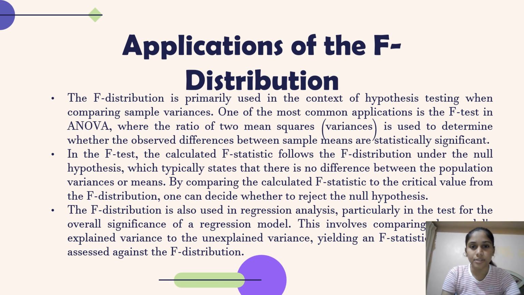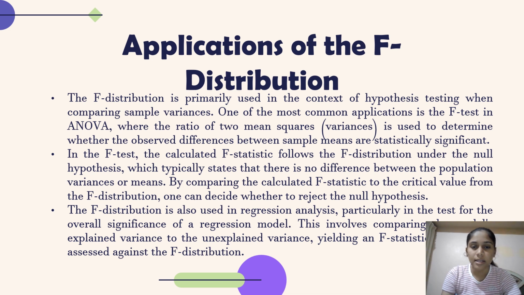Applications of F-distribution. The F-distribution is primarily used in the context of hypothesis testing when comparing sample variance. One of the most common applications of F-test is in ANOVA, where the ratio of two mean squares is used to determine whether the observed difference between the sample means is statistically significant.